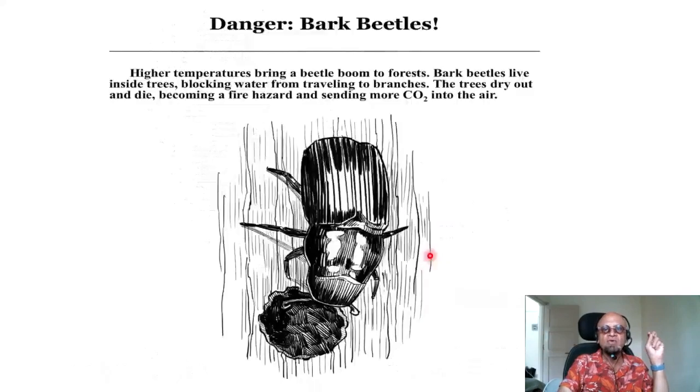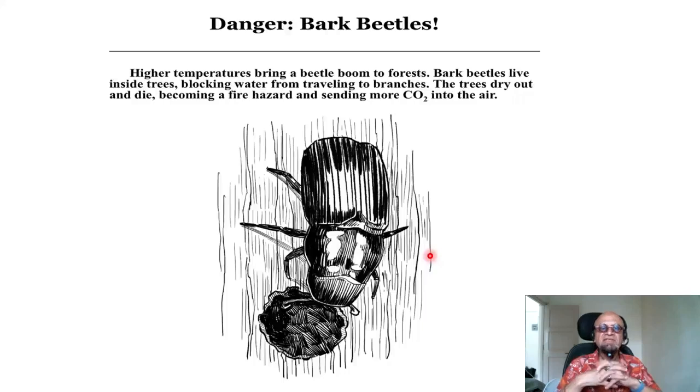Okay, so bark beetles are one of the things. As temperatures get warmer and the winter shrinks, mosquitoes and other insects that die in very cold, frosty days don't die anymore, so their number grows and grows. Higher temperatures bring a beetle boom to forests.